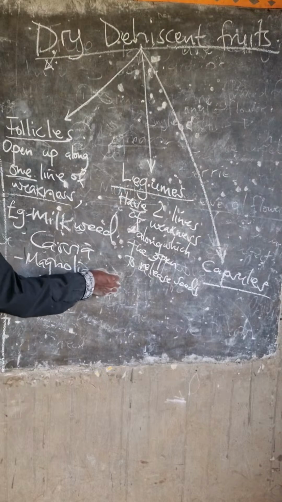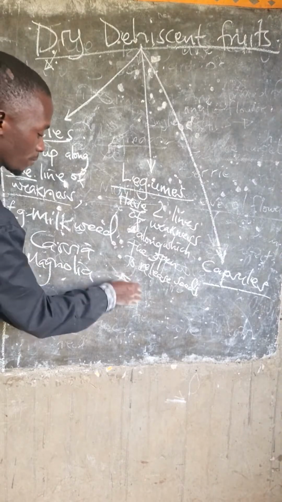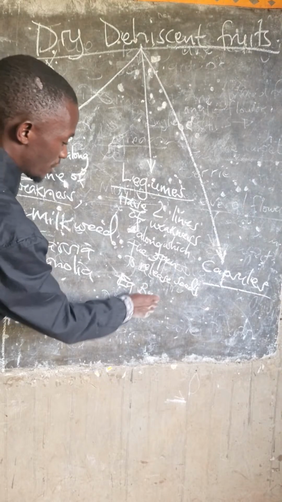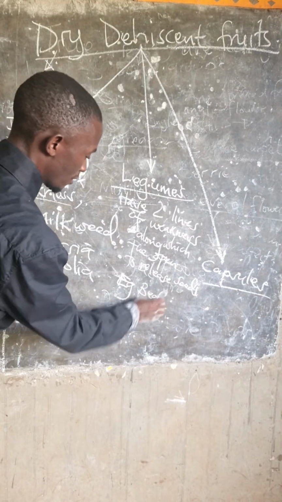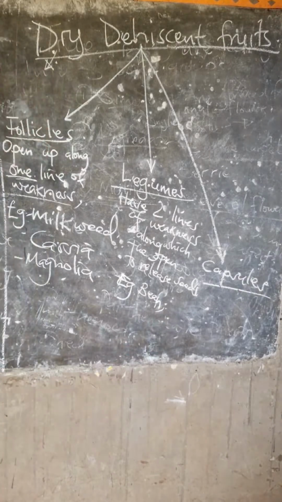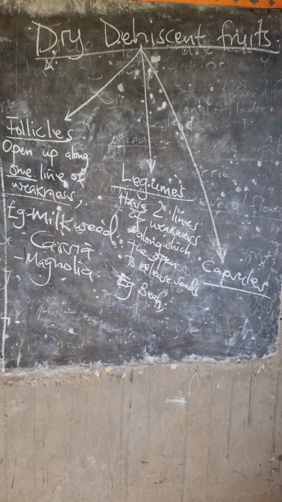We have the likes of the bean fruit, the groundnut fruit, the soya bean fruit, and so many other examples. For them, they have two lines of weakness along which they open to release the seeds. Then the follicles, they only have one line of weakness along which they open to release the seeds.